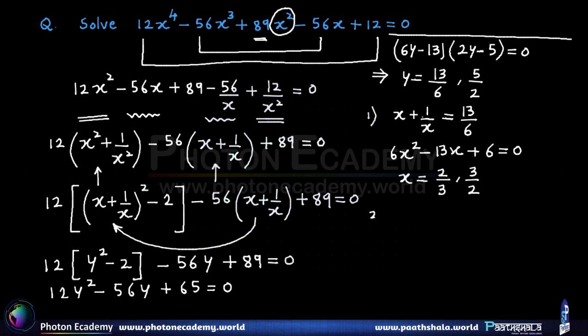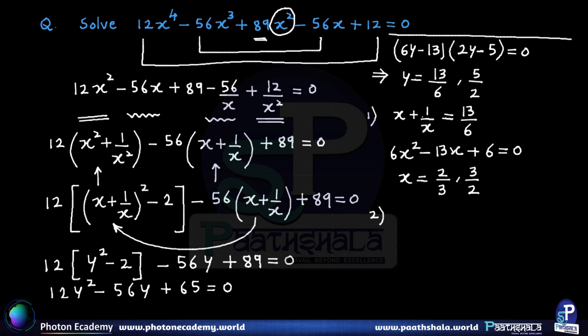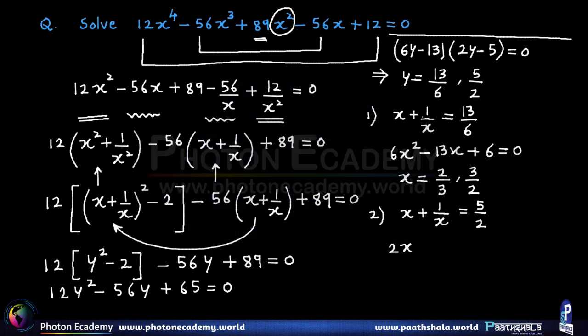Now similarly, if we consider the other possibility, that is y is equal to 5 by 2, we get x plus 1 upon x equal to 5 by 2. Here also, if we cross multiply, we land up in the quadratic equation 2x squared minus 5x plus 2 is equal to 0.